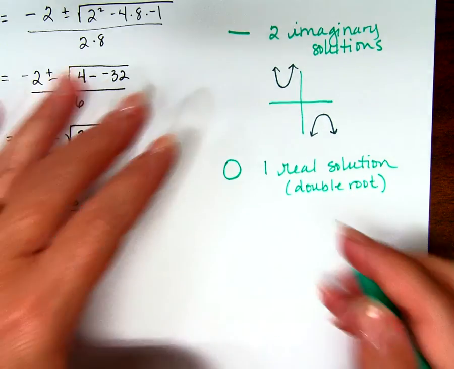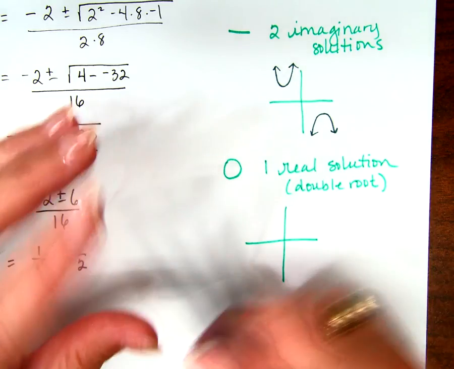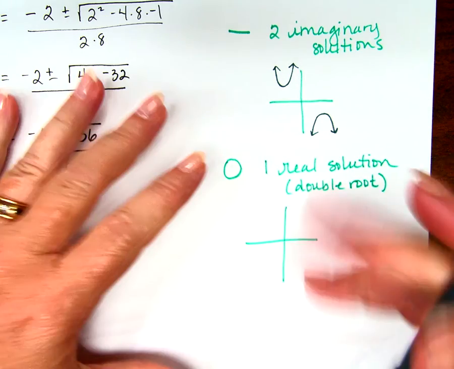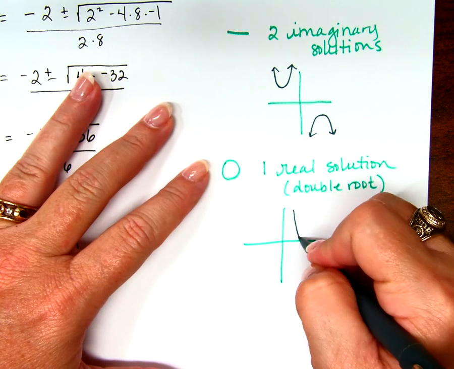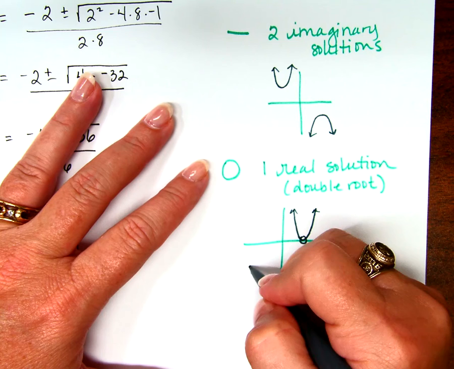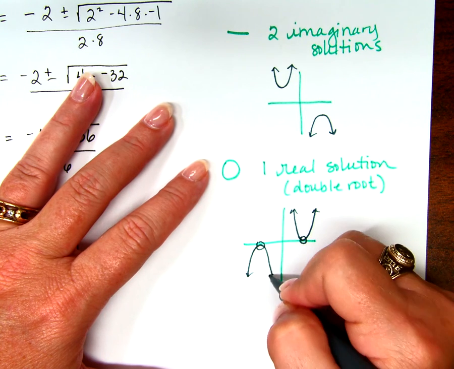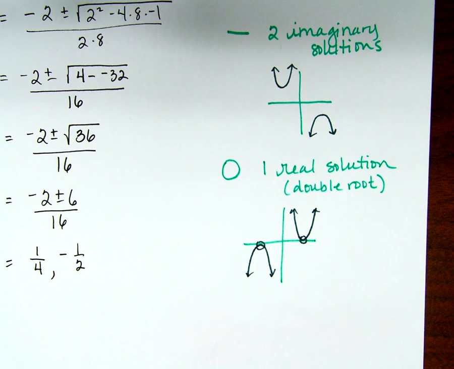That means if I graphed it, it might look like this, if it's opening up, or like this if it's opening down. It crosses the x-axis only 1 time. Does that make sense? Yes or no? Okay. Just a little bit more.